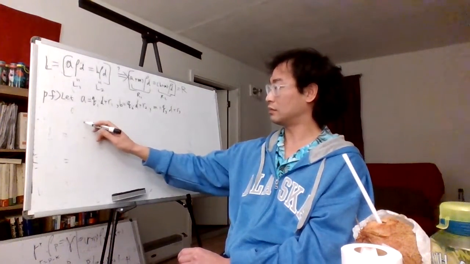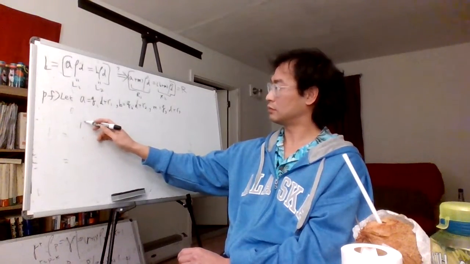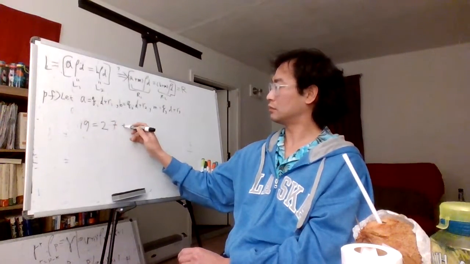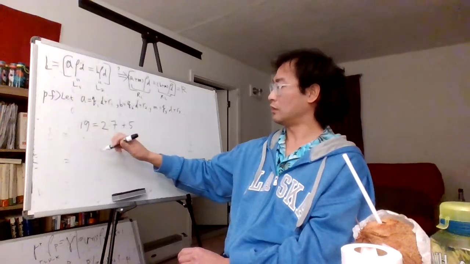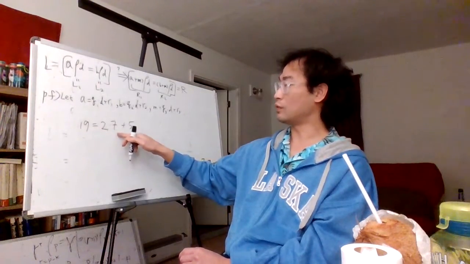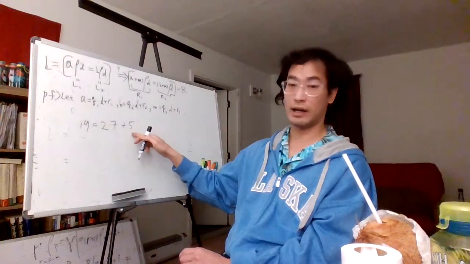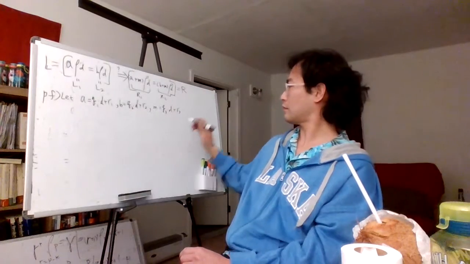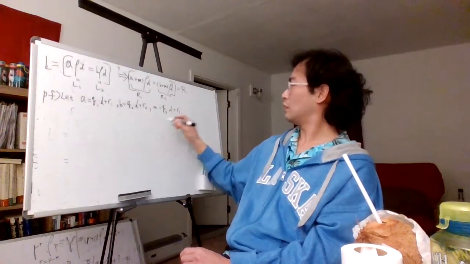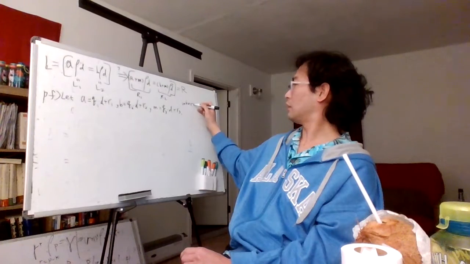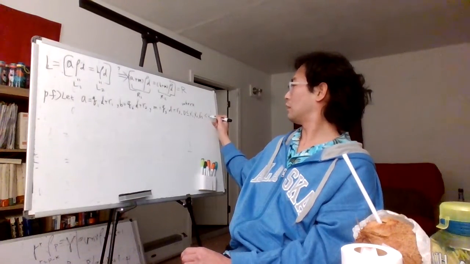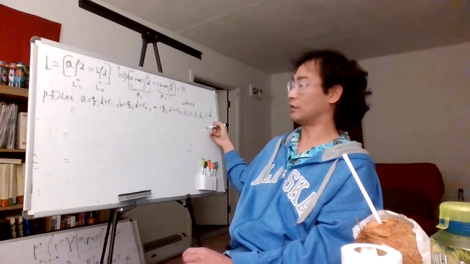Like, when we divide 19 by 7, quotient 2, remainder 5, where the remainder is less than the divisor.